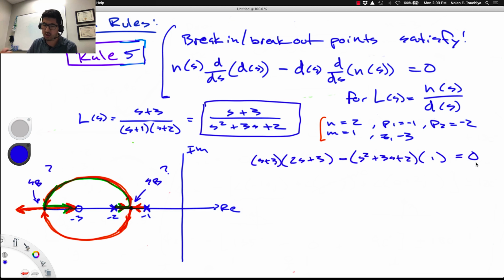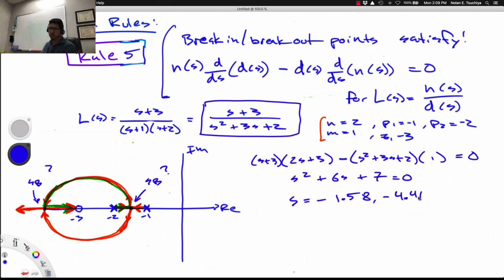When you solve this equation for s, those are your potential break-in, break-out points. Okay, so what we get here is that s squared plus 6s plus 7 equals 0 after we clean up this first line. And what we end up with is that s equals minus 1.58 and minus 4.41.